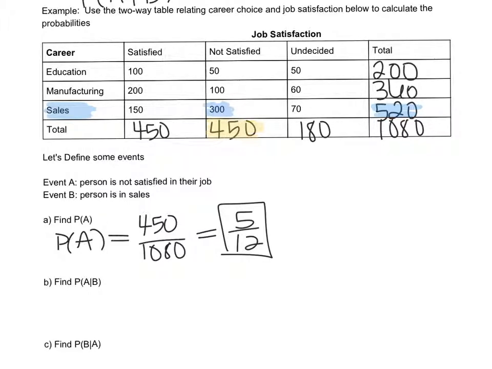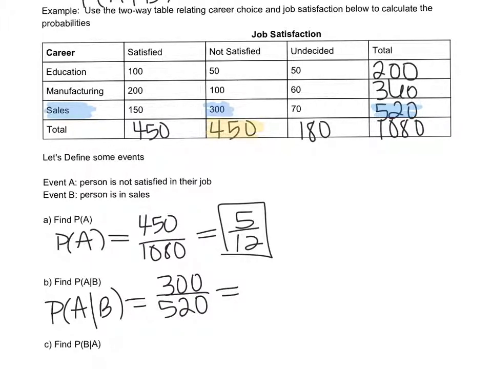So the probability of A given B is 300 out of 520, which simplifies to 15 over 26.